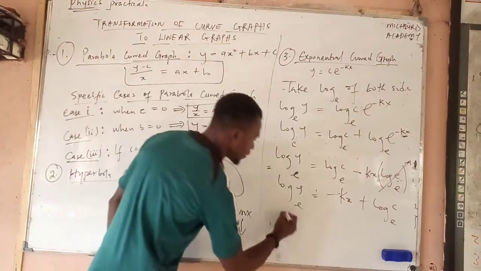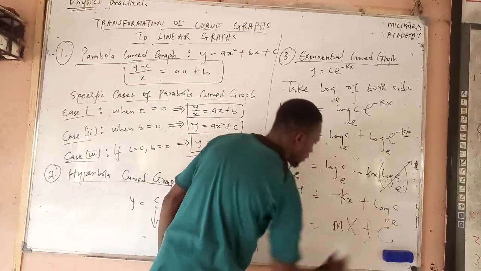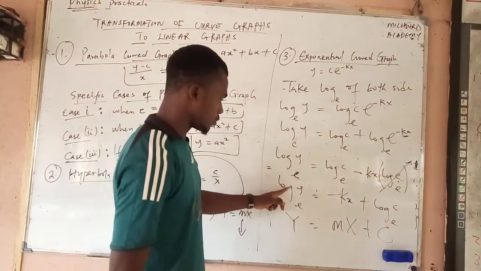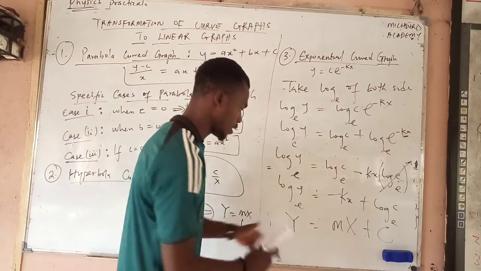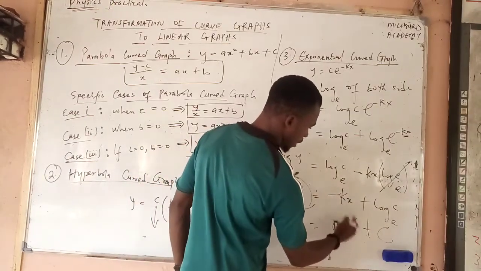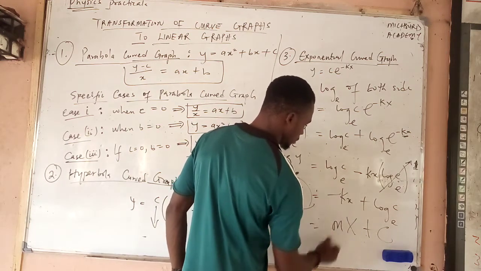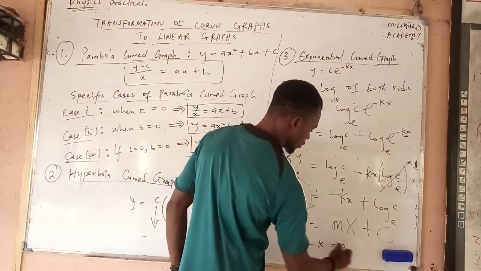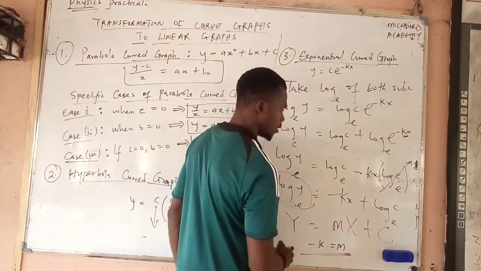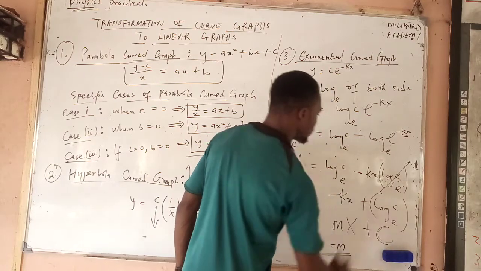This is just like your typical straight line graph. If you compare, you see that y is equal to the whole of everything that is here. That is your y. Then your x corresponds to this. Then the slope is just minus k. That's our slope, minus k. Alright. Then the intercept here is everything that we have here.